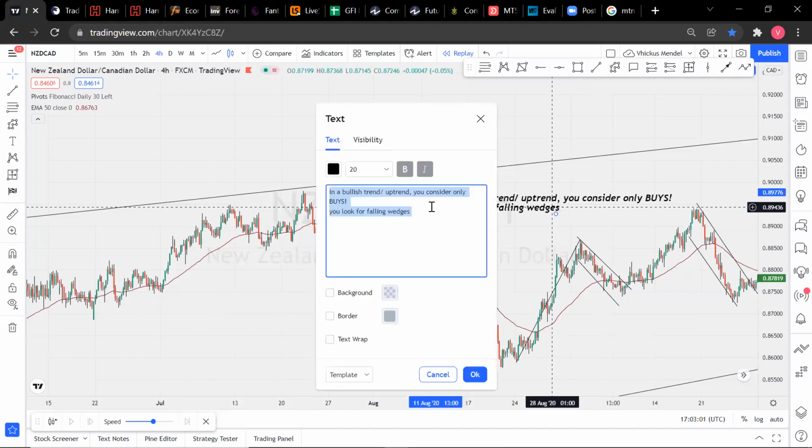So falling wedges, you look for falling wedges and breakout and retest of falling wedges.